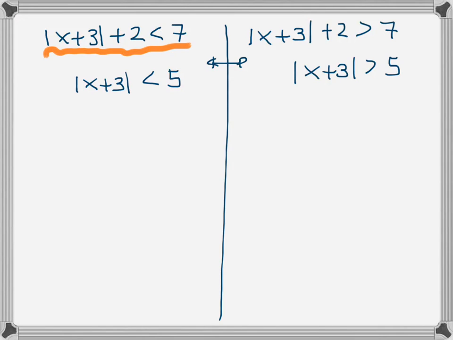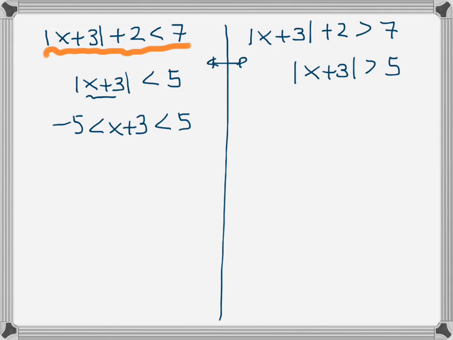This one, you're saying that the inside of the absolute value bars has distance at most 5 from the origin. That means that the quantity x plus 3 has to be between 5 and negative 5. And I can do it in one step. I can write one inequality.